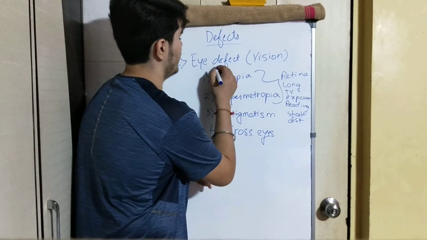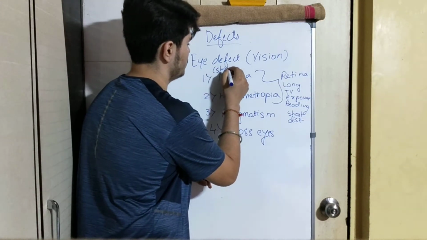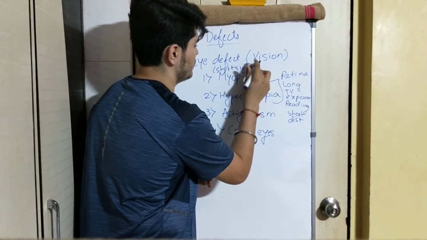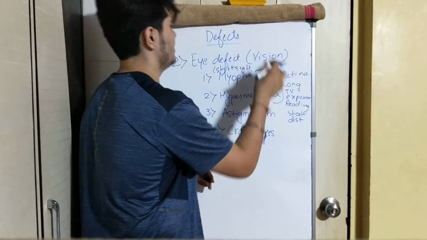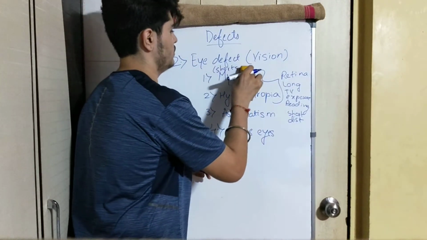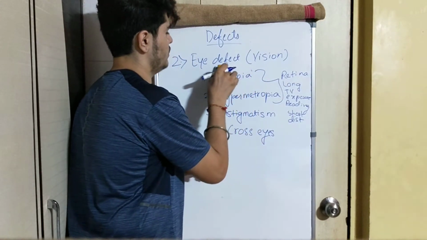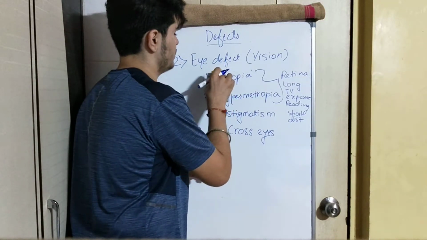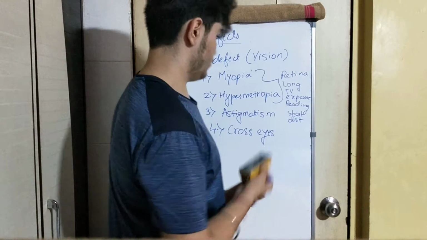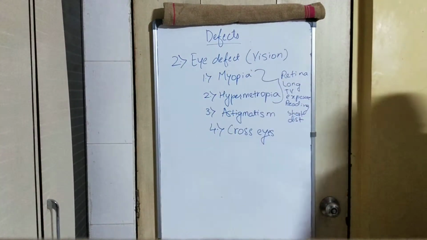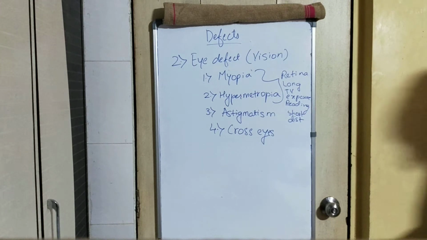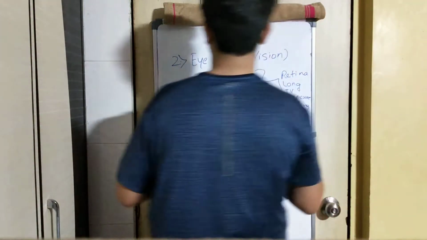This is also called short sightedness. They don't ask such things in exams. They only ask the names of some defects related to eyes or vision. You can copy it down. I hope you have copied it.